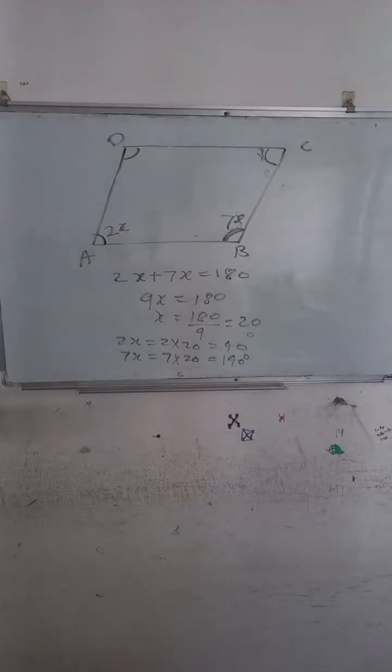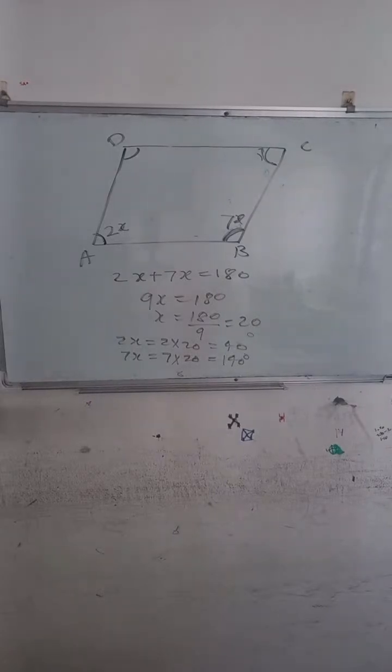Find the other three angles. I'll repeat. Measure of one angle of a parallelogram is 112 degrees. Find the other three angles.